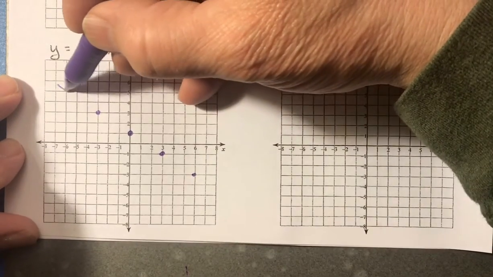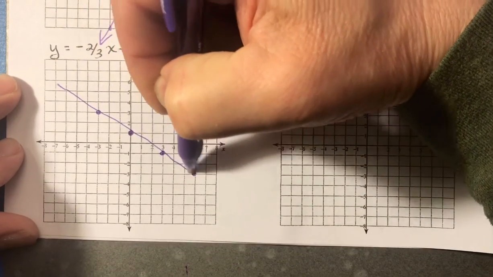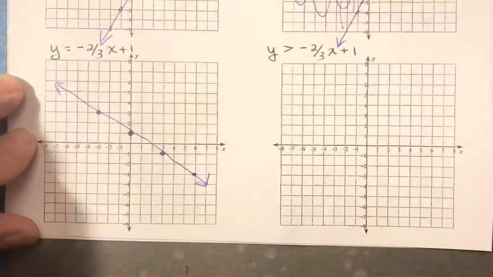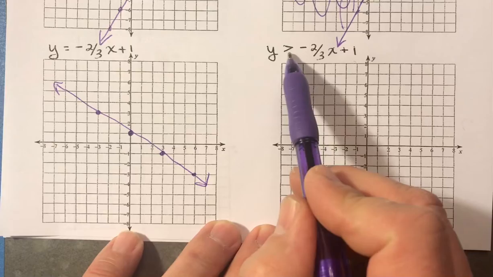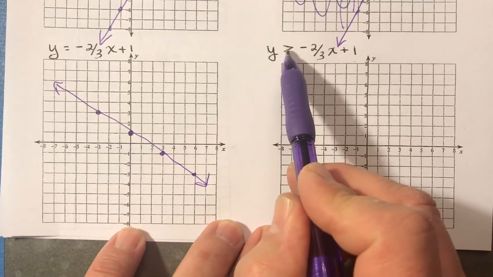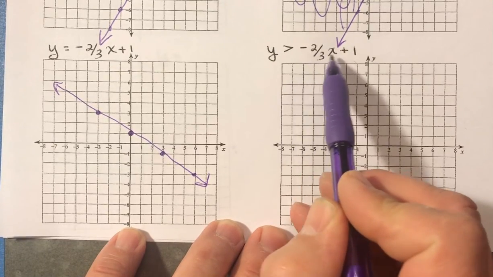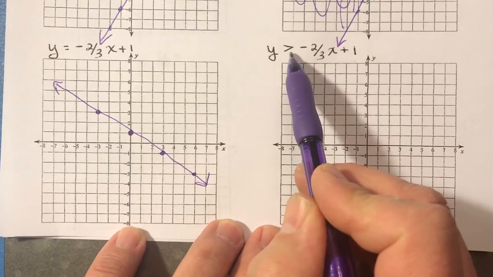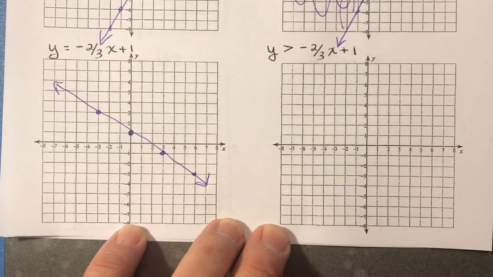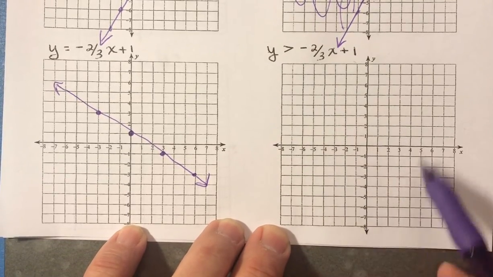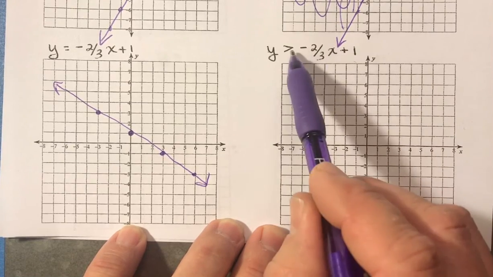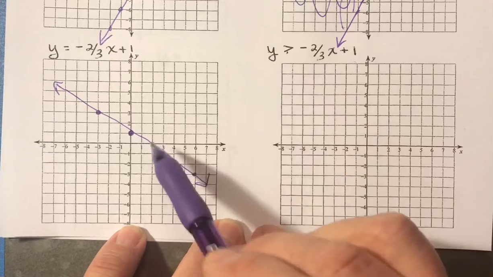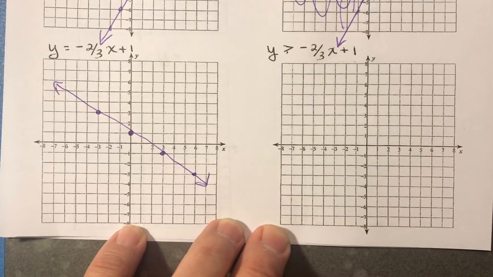So if I graphed that equation, I would get a graph that looks something like this. However, this time I have y is greater than negative 2/3 x plus 1, but it's not equal to. So we need to come up with some way of describing everything above but not including that line.